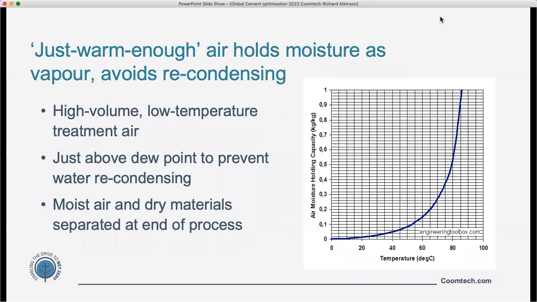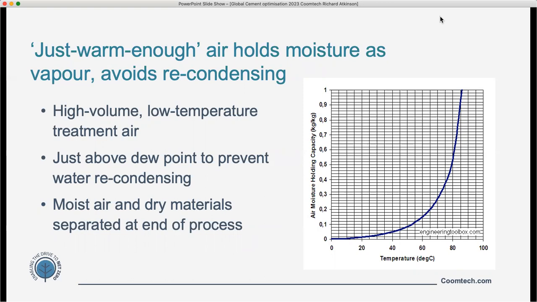This slide explains why the particles stay dry after the air knives have sheared the moisture off them. After the air knives, you now have a dry material traveling in an airstream that has an increased water vapor content. What you need to avoid here is recondensation of that moisture back onto the particles. To prevent that from happening, the air is maintained above its dew point.